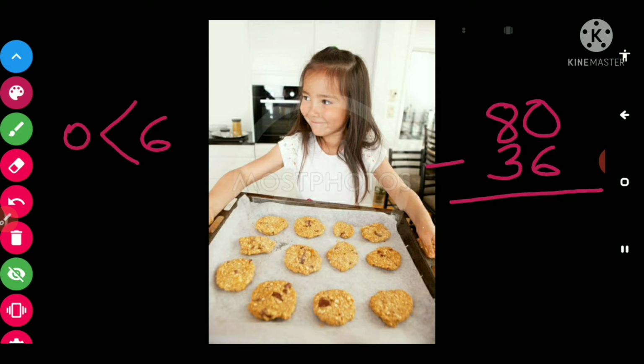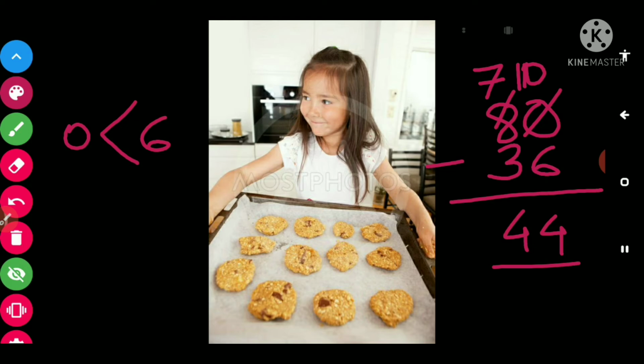So now this 0 will borrow 1 from 8. Now this 8 will give 1 and it will become 7, and this 0 will become 10. So now 10 minus 6, how much will it be? 4. 7 minus 3, 4.